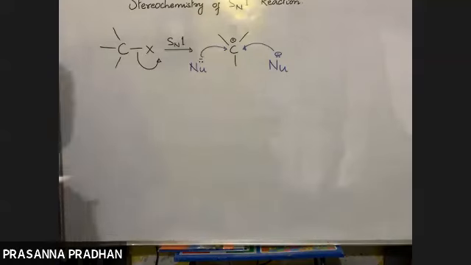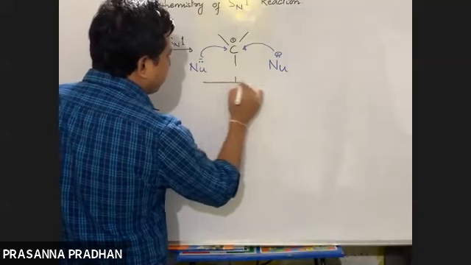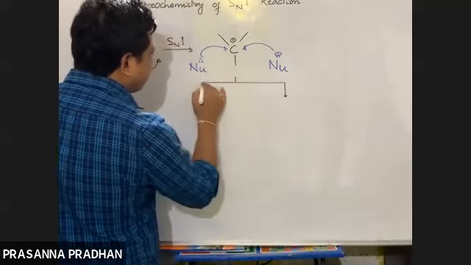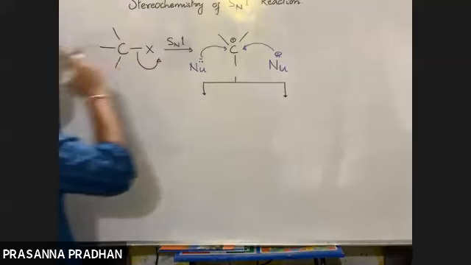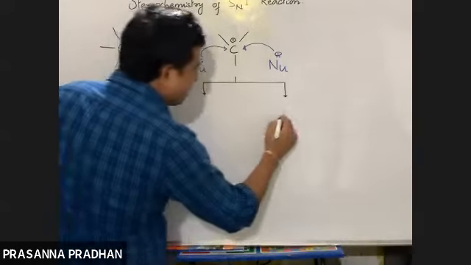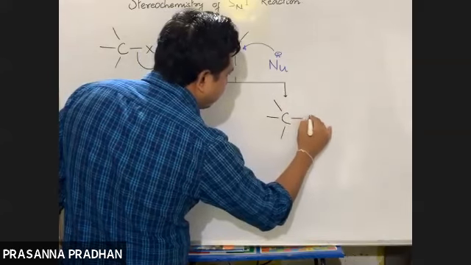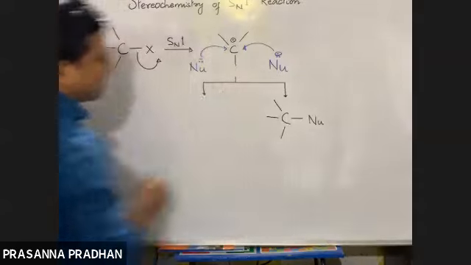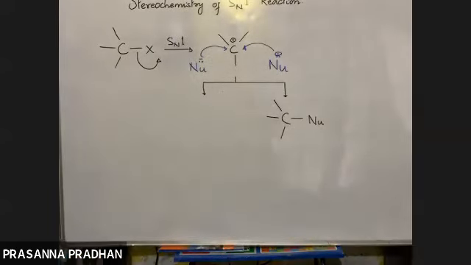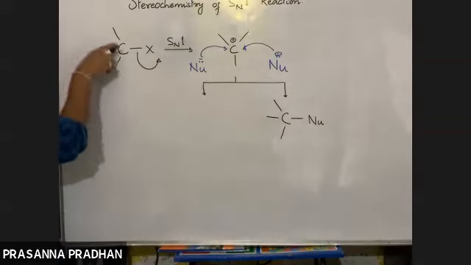Now let us see what type of products are formed. If the nucleophile attacks from the same side as the leaving group, we get this product. And there is another possibility that the nucleophile may attack from the opposite side of the leaving group.